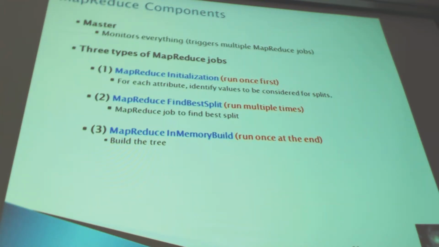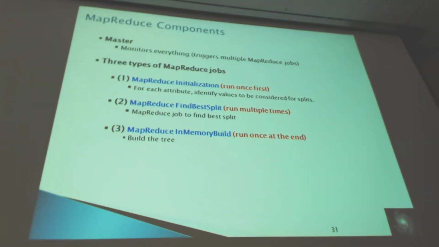That runs only once, and that's the initialization process. Then, multiple times, the master triggers the MapReduce jobs to find the best split for each level. And after that, when the master gets all the values of the best splits, it finally builds the tree in memory.